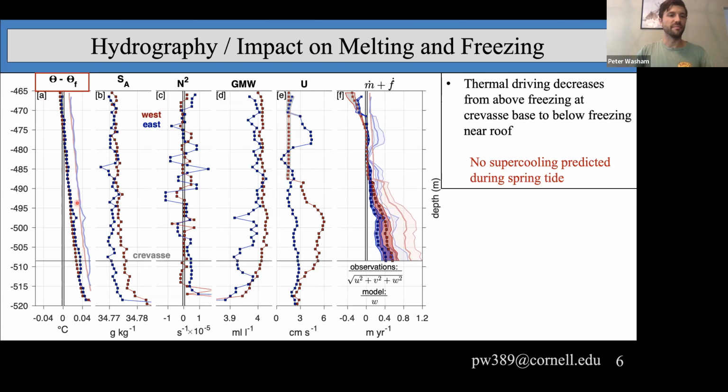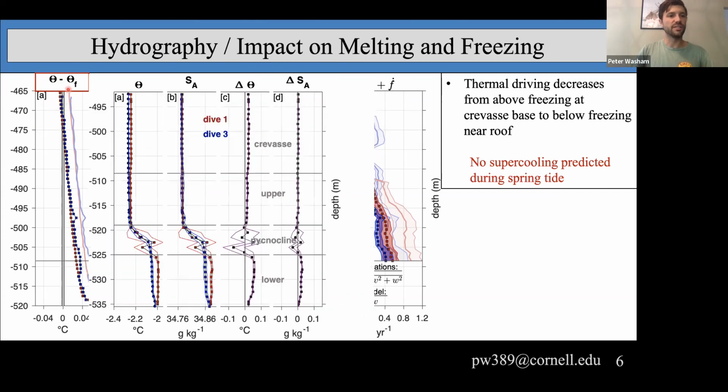I hope I got that right. But the point is, when we collected the data, there was supercooling at the top of the crevasse. However, during springtide, which is shown in our prediction at the top, are these light red and blue lines. We don't predict that it would be supercooled to the top.